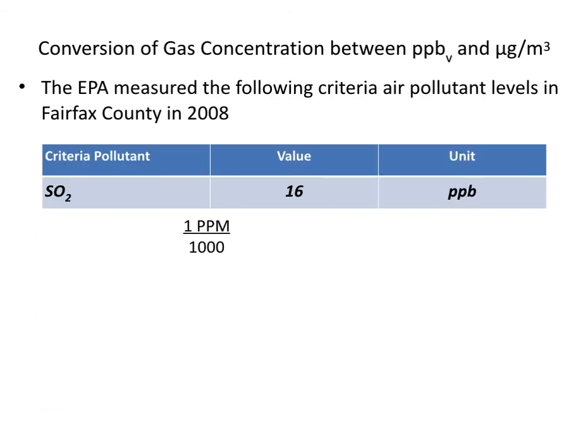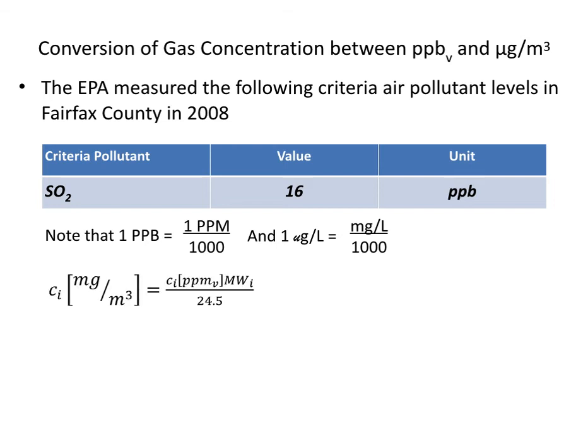In order to do this, we have to note that 1 part per billion is 1 part per million over 1,000. So 1 times 10 to the 9th is a part per billion. Also, a microgram per liter is equal to a milligram per liter divided by 1,000. So that we can use the same expression since both values are divided by a factor of 1,000 from the equation in the book, 219.